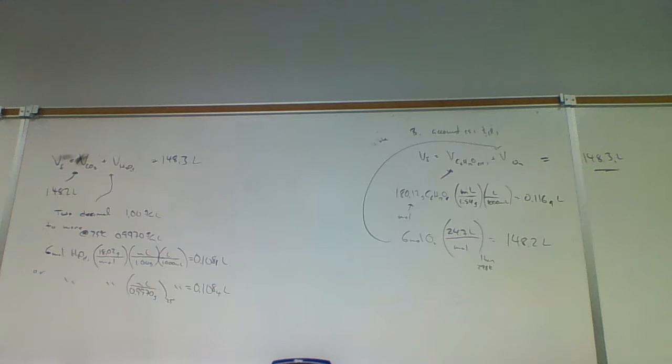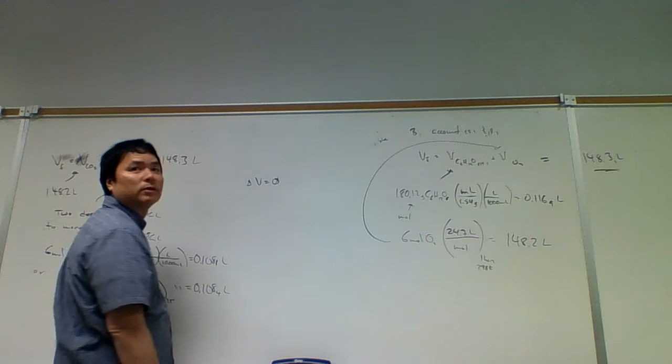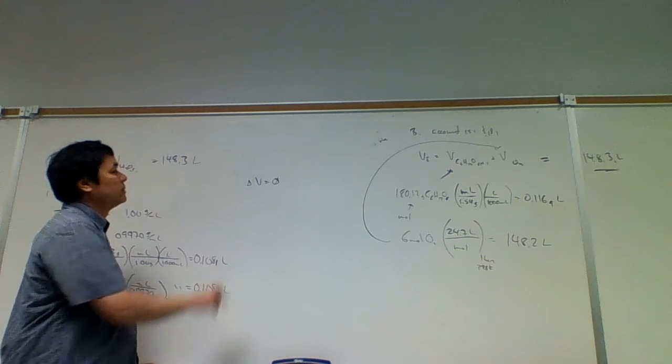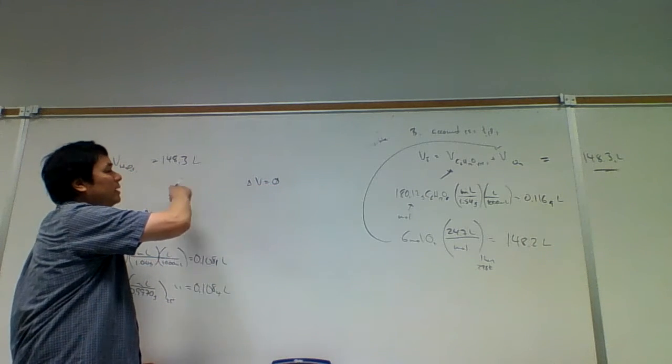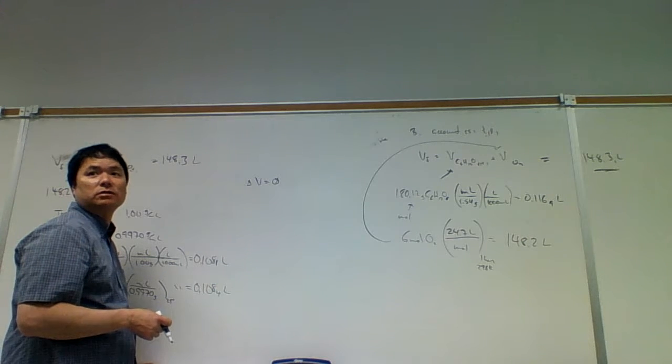In other words, when we do this calculation, delta V is equal to pretty much 0, right? Because we start at 148.3, we ended up at 148.3, we got 0 change.